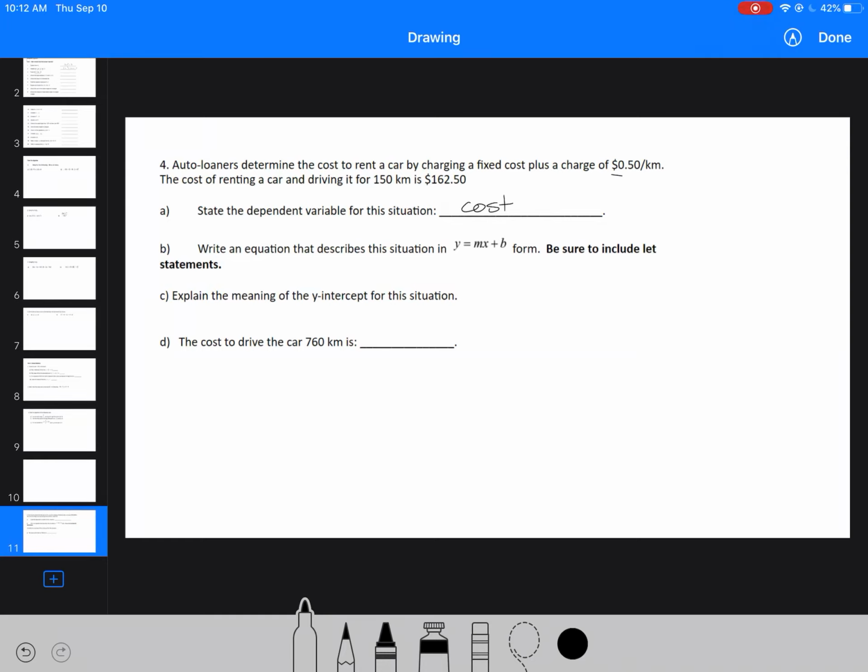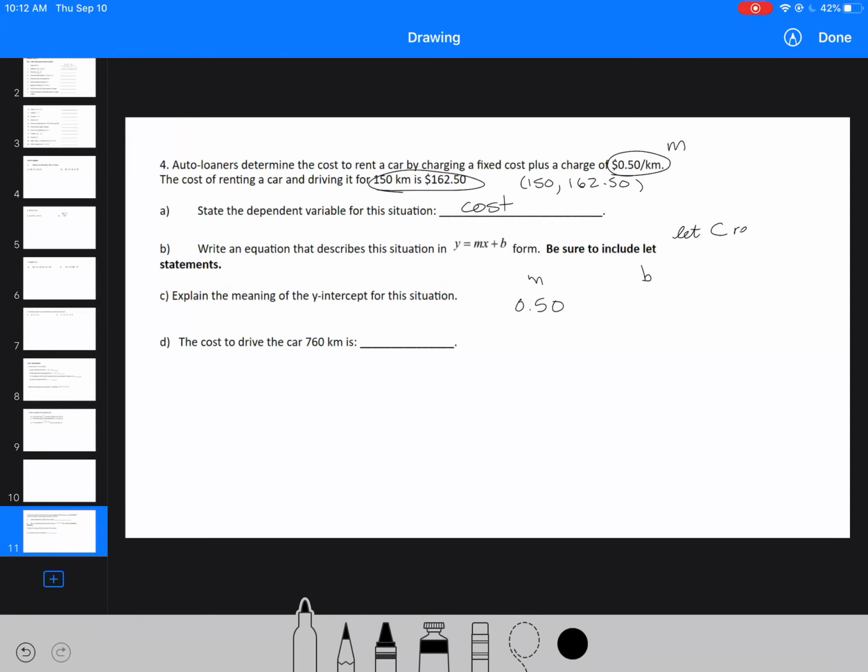So we've got a charge of 50 cents a kilometer, that's our m. And then we have a point here. So we know that at 150 kilometers, we have to pay 162.50. So I'm going to start the same way as I did question number 3. So here I've got 0.50 as my slope. Okay. And now I need to do my b, but I need to know what my variables mean.